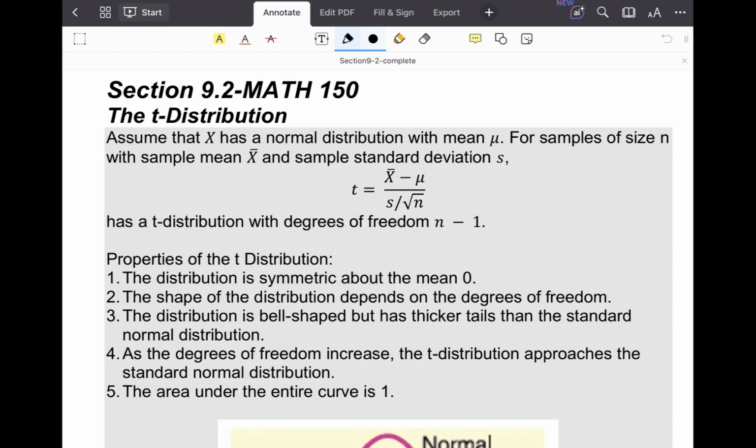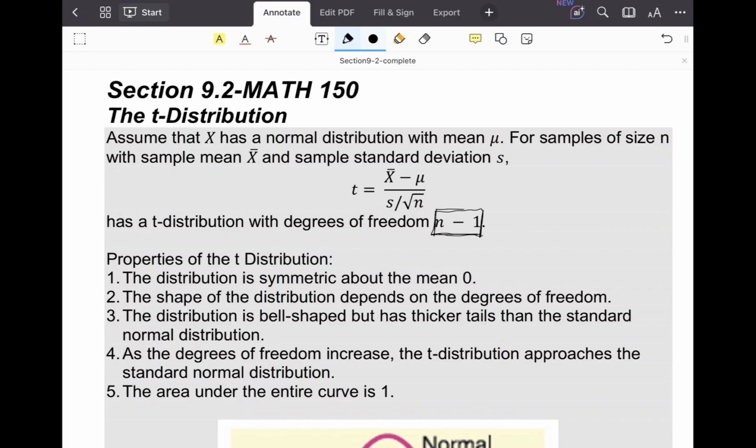Now, if you have a normal distribution x with a mean mu and a standard deviation s, if you make this transformation of the sample mean, then you get a t-distribution, and it has degrees of freedom n minus 1.